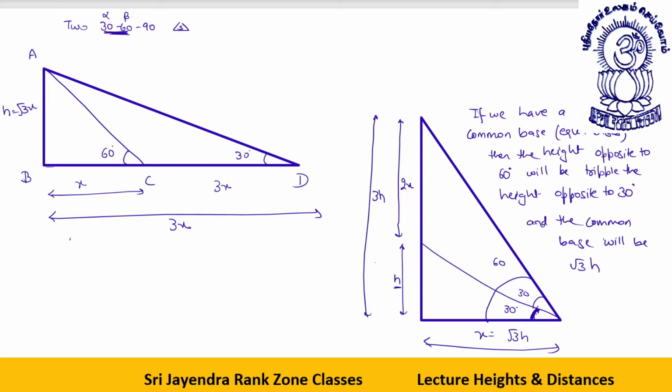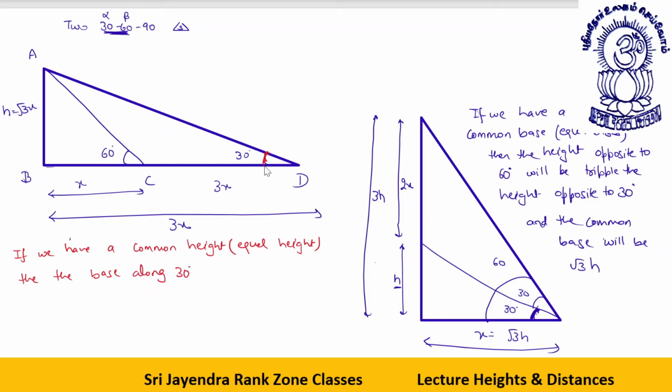Here I come again. If we have a common height, or I say equal heights, two equal heights, then the base along 30 degree.